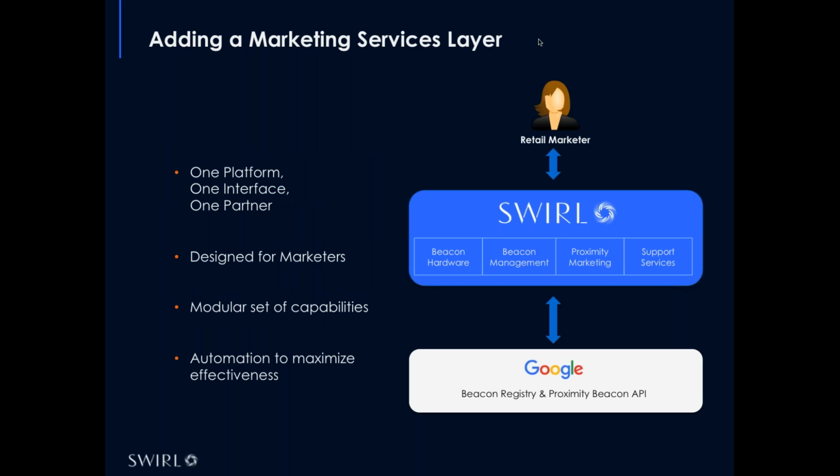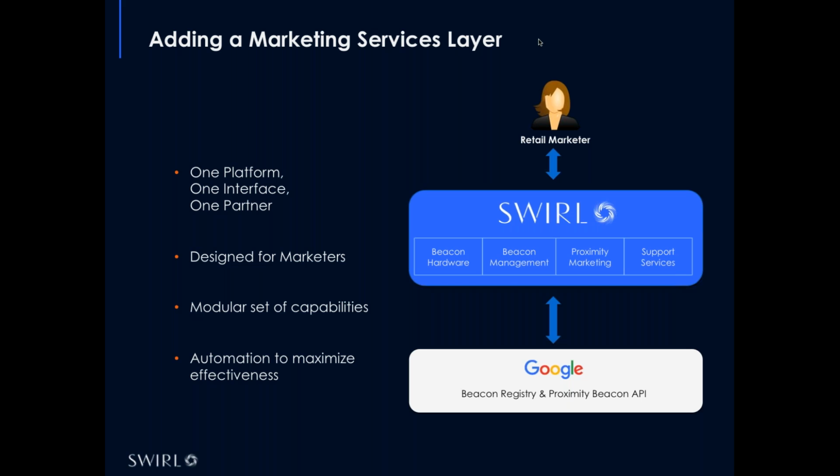So basically remove some of these manual processes and challenges from a developer perspective by creating what we call a marketing services layer, and essentially providing a set of platform capabilities that sits on top of the Google Nearby capability and provides retailers with really an additional set of capabilities and features that allow them to more efficiently and effectively take advantage of those tools and capabilities that Google offers.